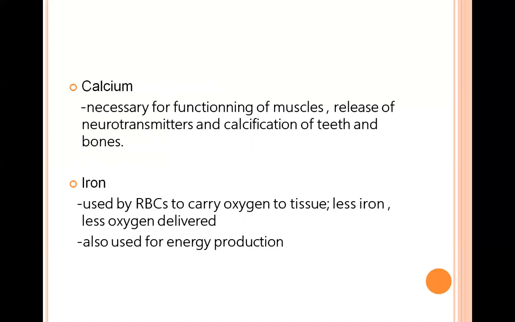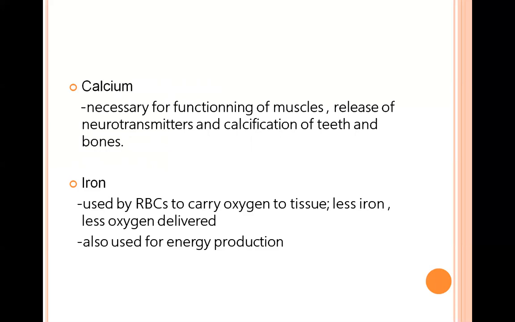Deficiency of calcium causes troubles with the muscles and the transmission of neurotransmitters. It is necessary for muscle function, the release of neurotransmitters, and the calcification of the teeth and bones.